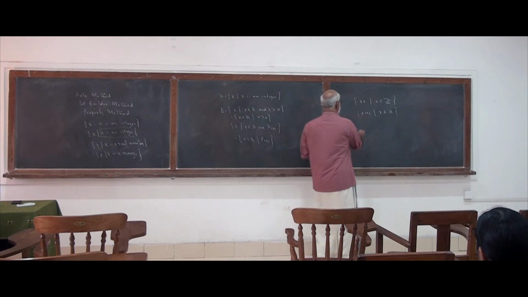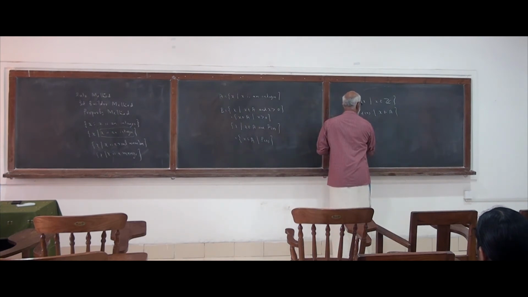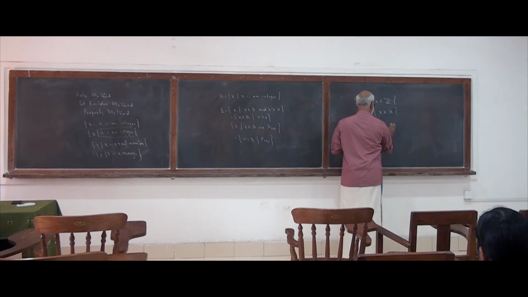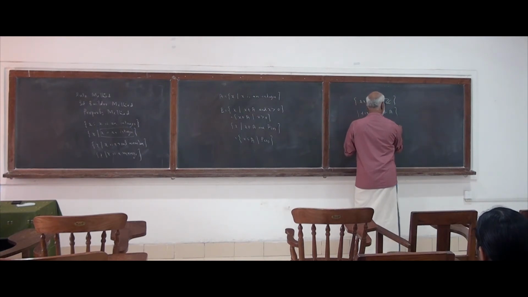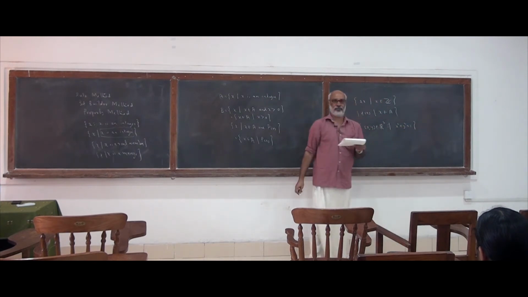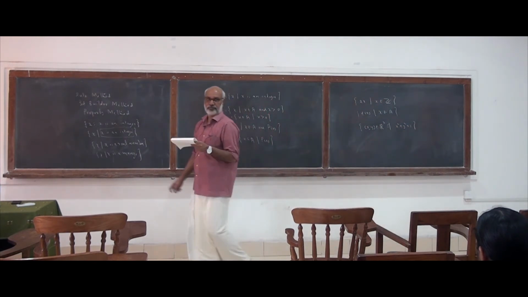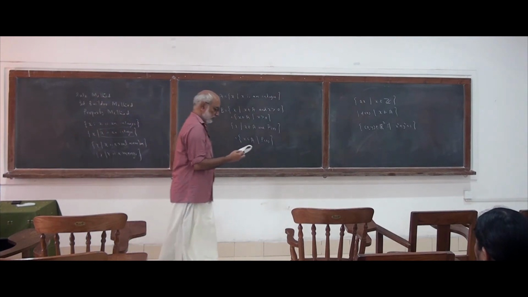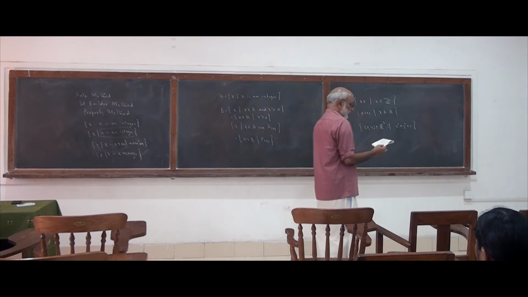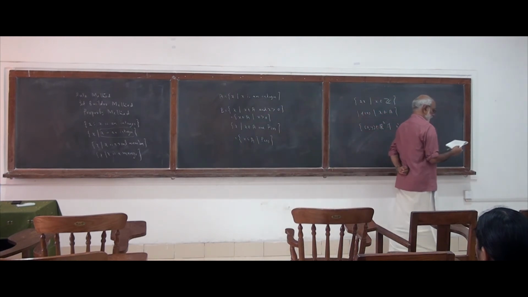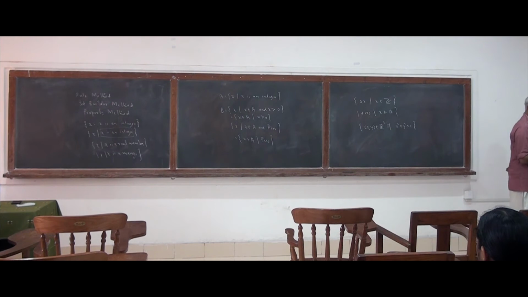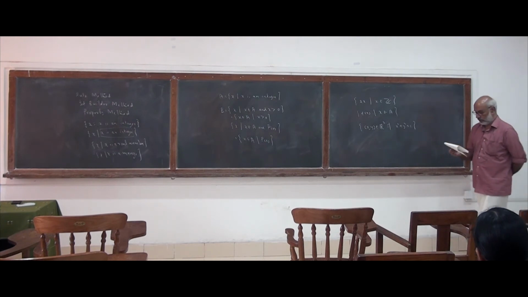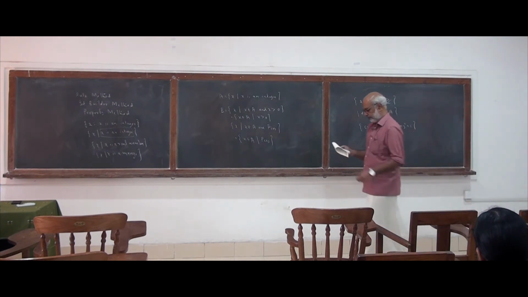So I can write it as the set of all ordered pairs xy in R2 such that x square plus y square is equal to 1. These are all small variations of the rule method which we employ very frequently.